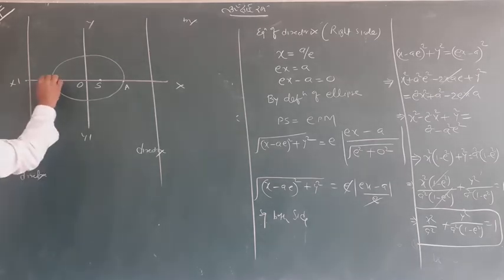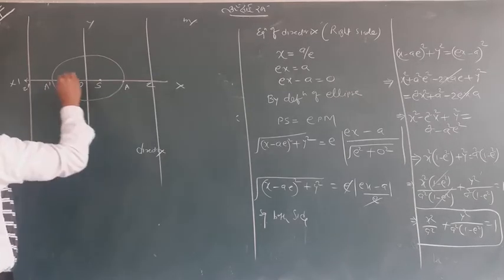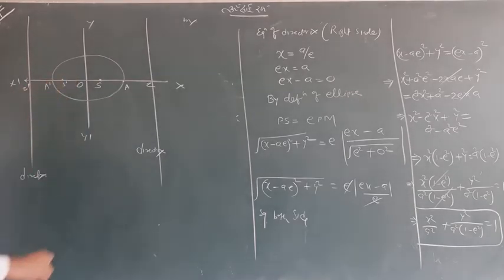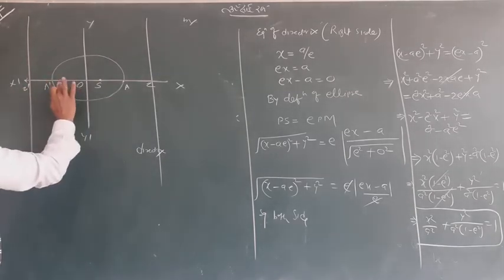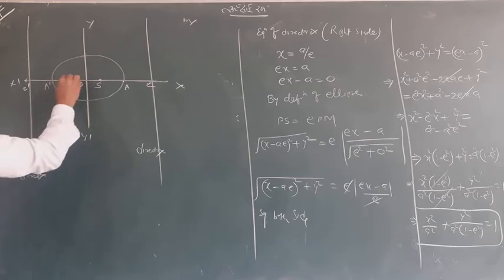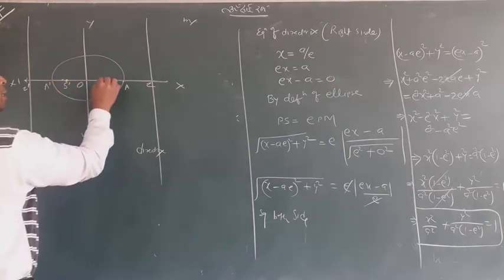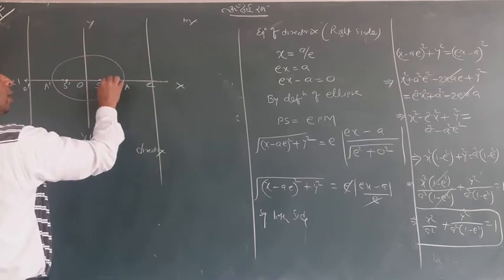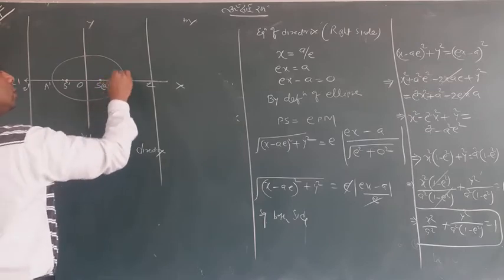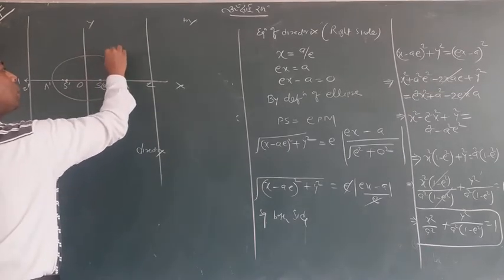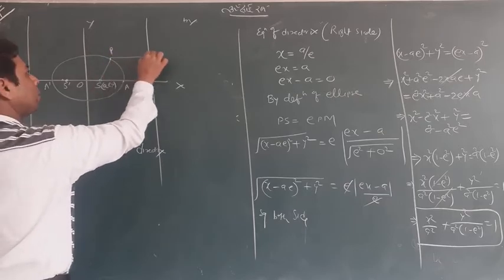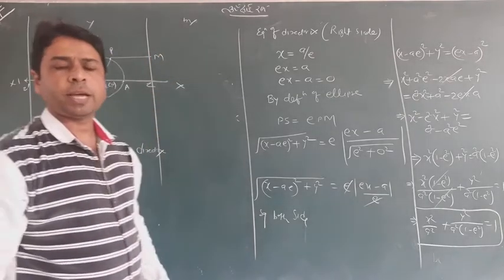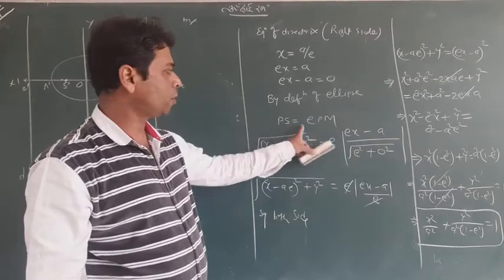Okay, this is my A dash, Z dash, this is Z, it is S dash. Now everything I have formed here. Now, this is AE and 0. This is my P. You know, PS and PM will follow this definition.